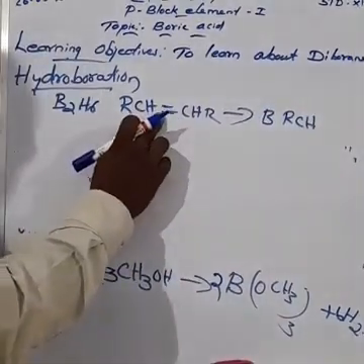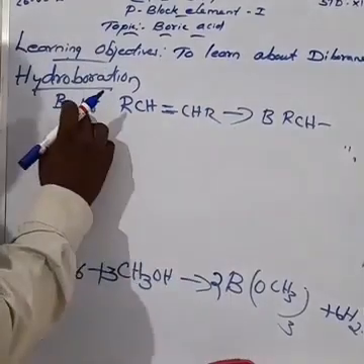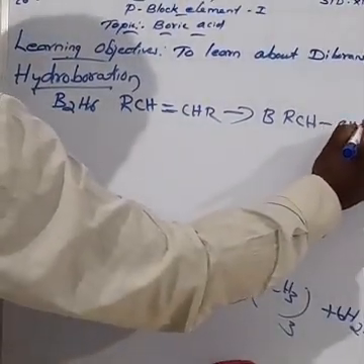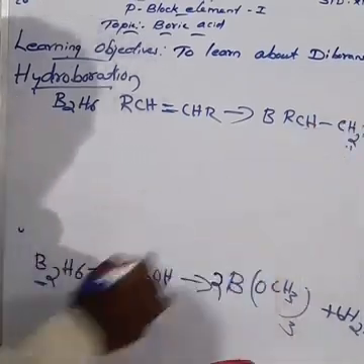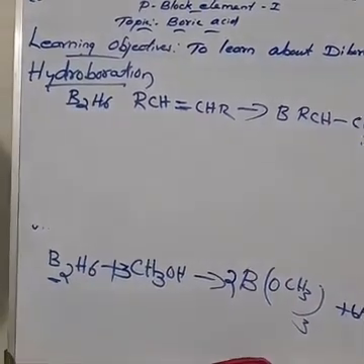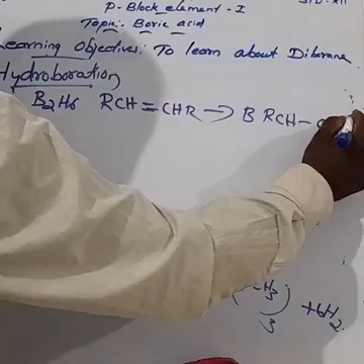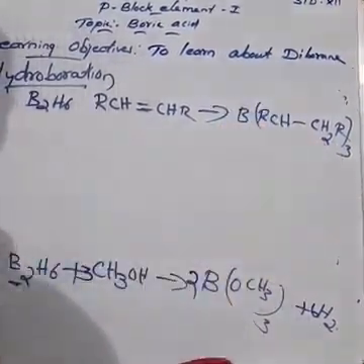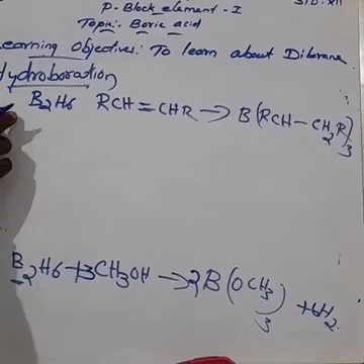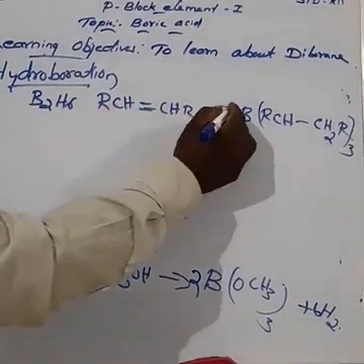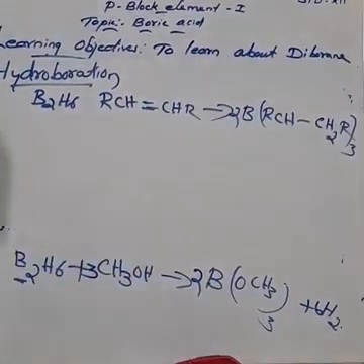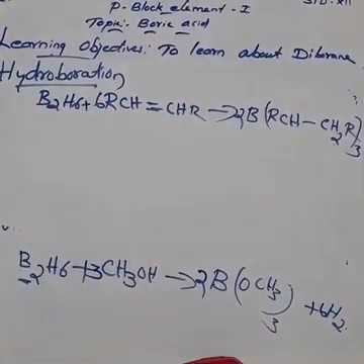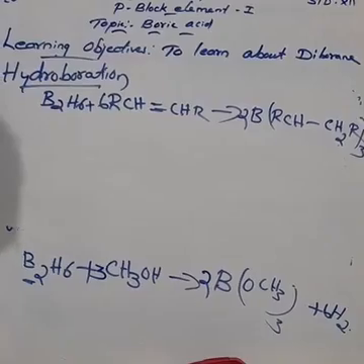The double bond is converted into a single bond, and one of the hydrogens is attached to CH, giving CH2R. We can take it thrice. How much boron is there? 2 boron, make it 2. Here there are 6 molecules. This is one of the hydroboration reactions.